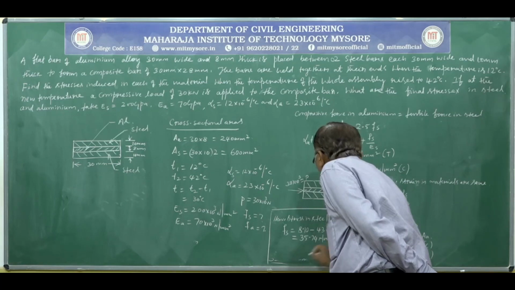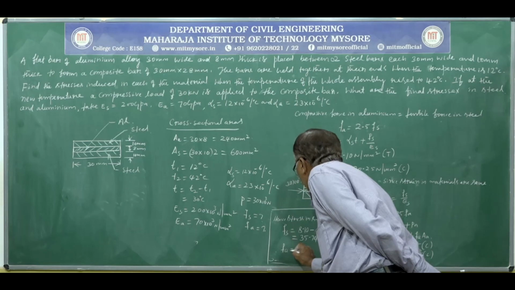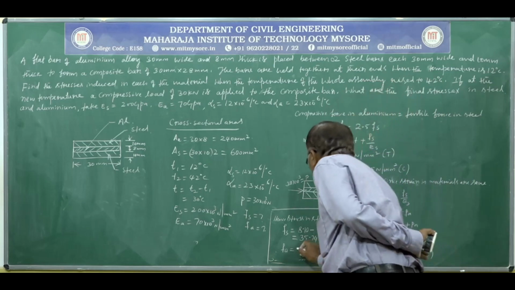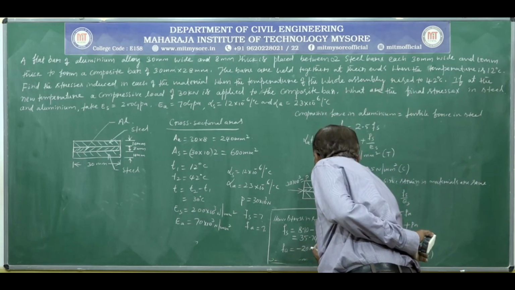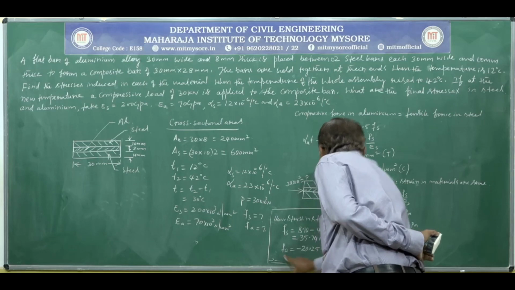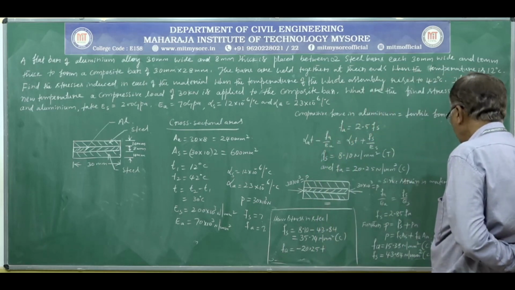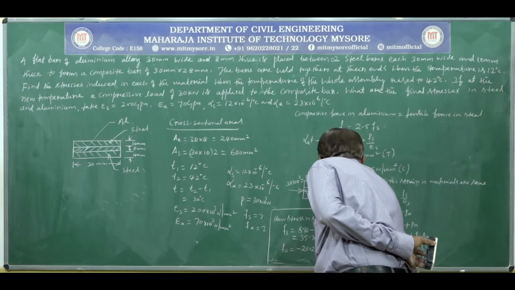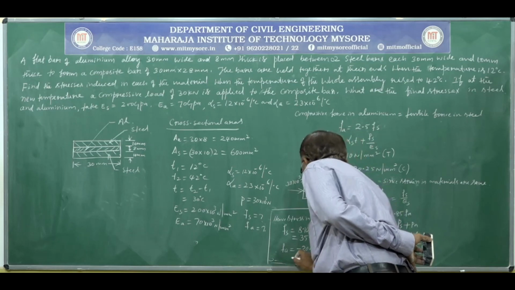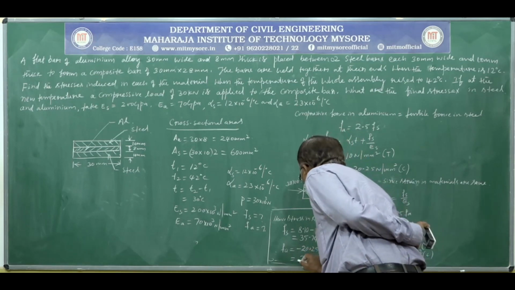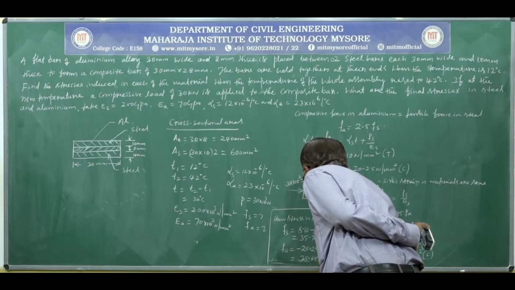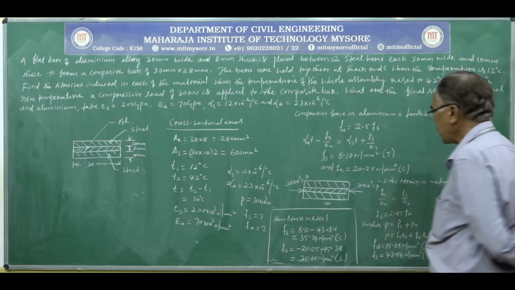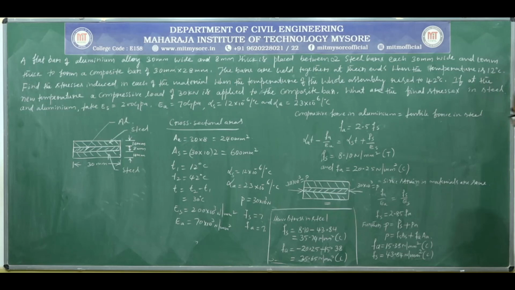It is compressive. Again, stress in aluminium is equal to the negative value minus 20.25 plus the stress we got by considering load, 15.38, that is also a negative value, that is equal to 35.65 Newton per millimeter square. So it is resulting in compressive. So the resultant stress in both steel and aluminum is a compressive stress.